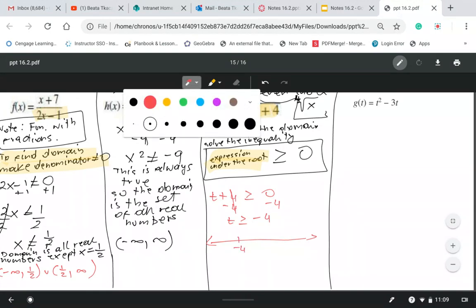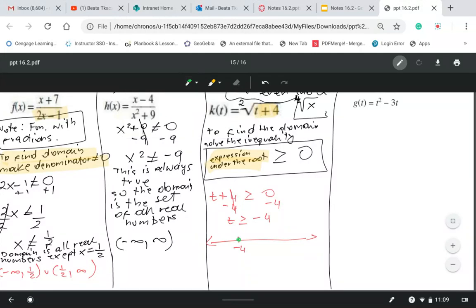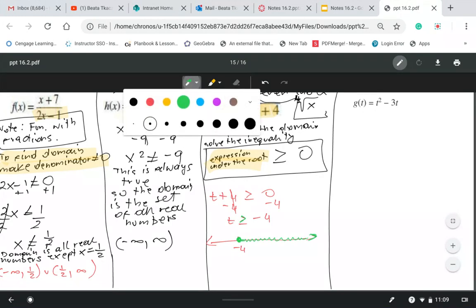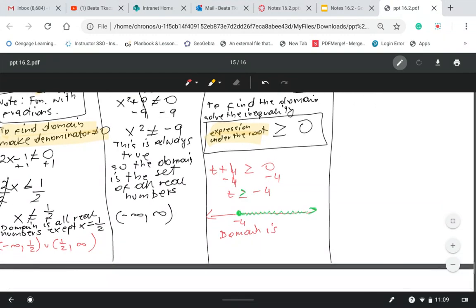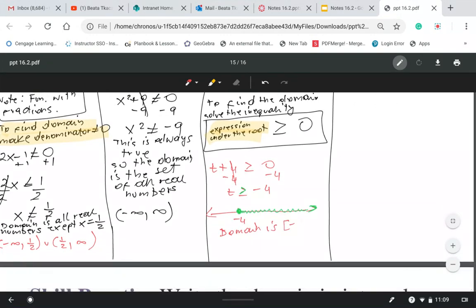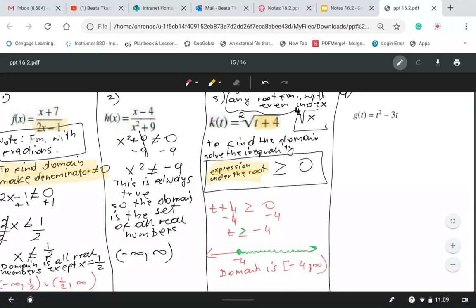So hopefully you guys remember how to graph it. That means we're including -4 and shading everything to the right side. So the domain of this function is going to be the solution of this inequality. The domain is the closed interval from -4 to positive infinity. This function works only for t values starting from -4 and greater.